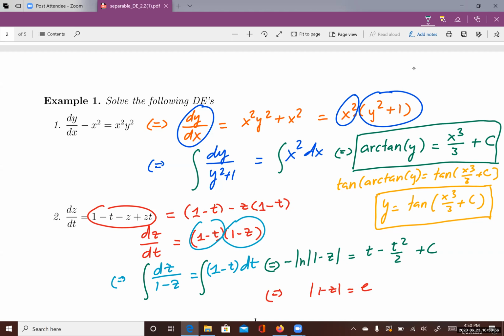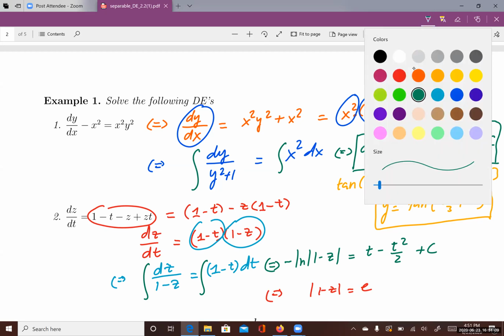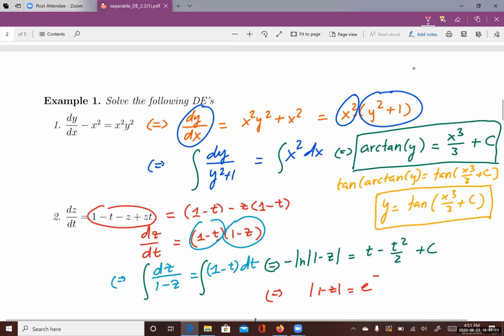And then the absolute value of 1 minus z equals e to the negative t minus t squared over 2 plus c.